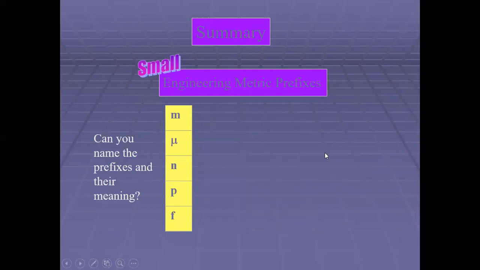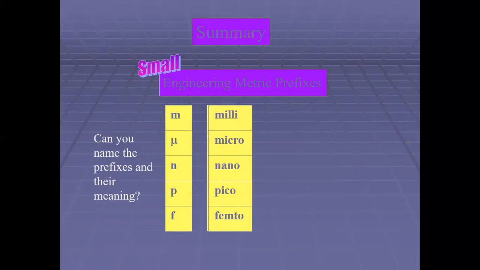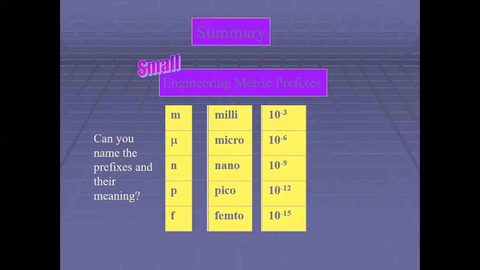Now let's go for the small ones. For the small ones, there are milli, micro, nano, pico, and femto, just the reverse of the mega or large values. These are the engineering prefixes for smaller values. So milli is 10 to the power -3, micro, nano, pico, femto 10 to the power -15.